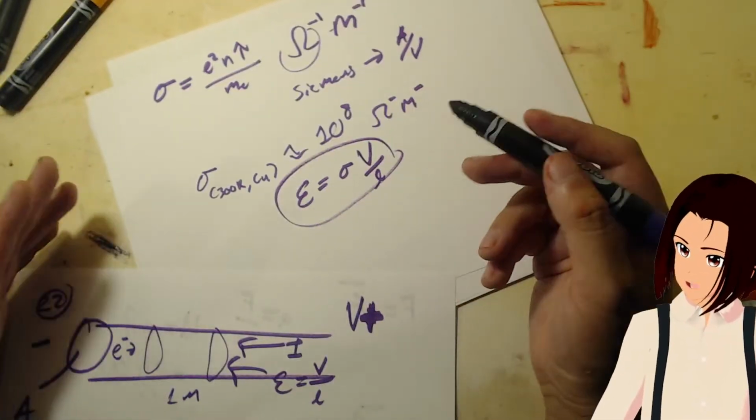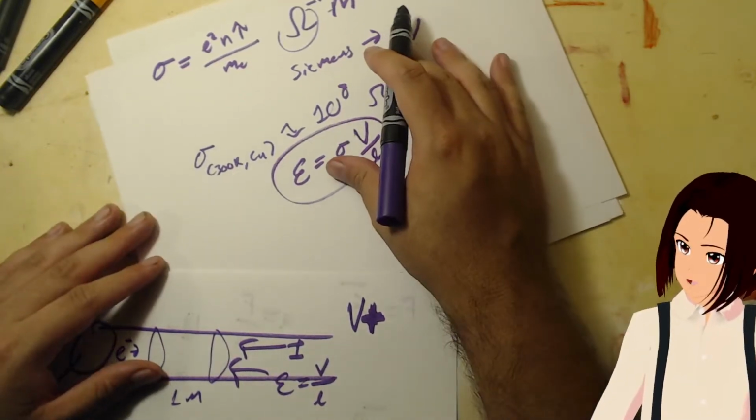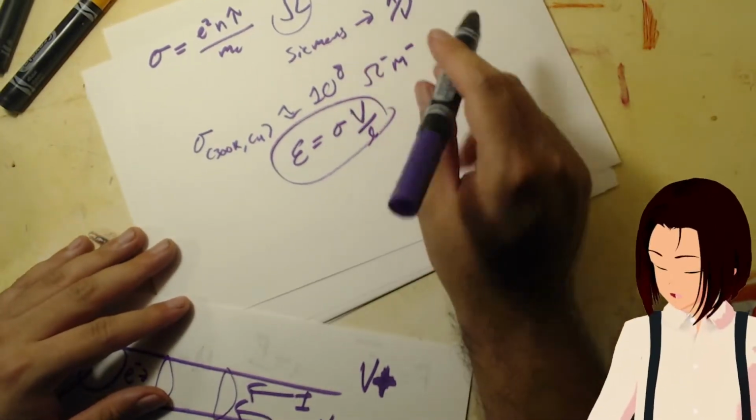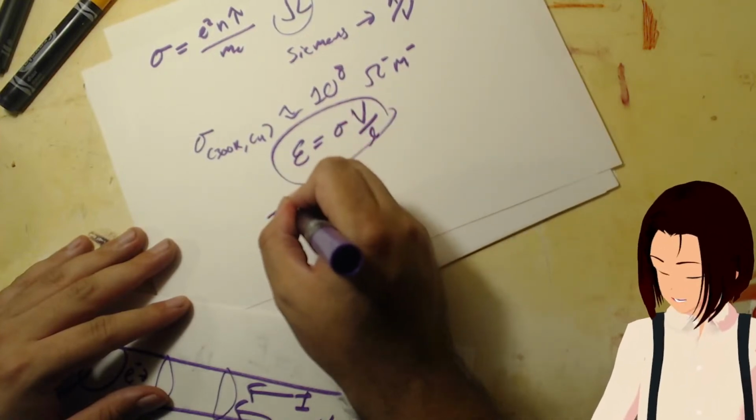The reason we can write this is quantum mechanics. Ooga booga, quantum mechanics. So therefore, we can write current.